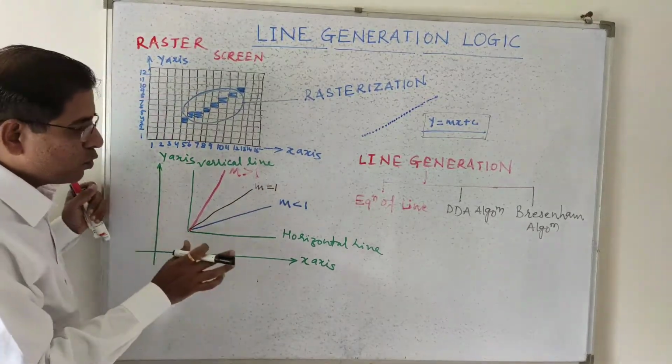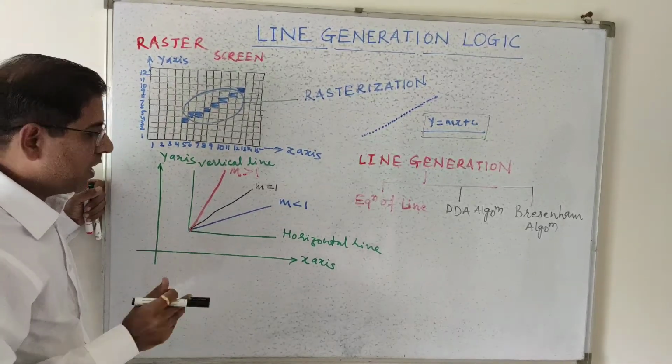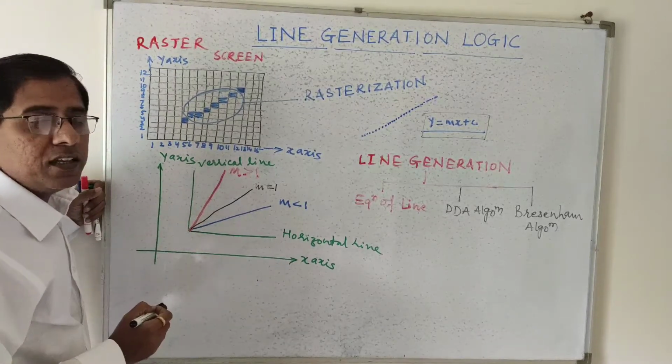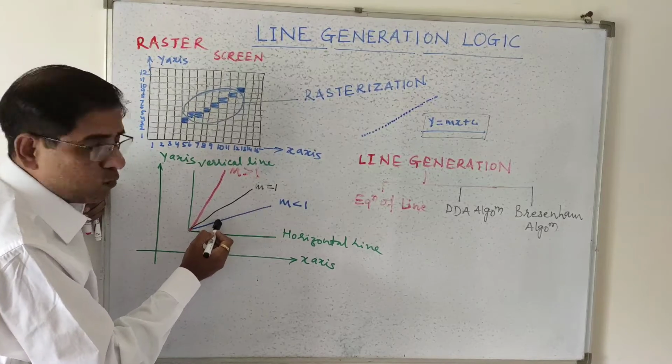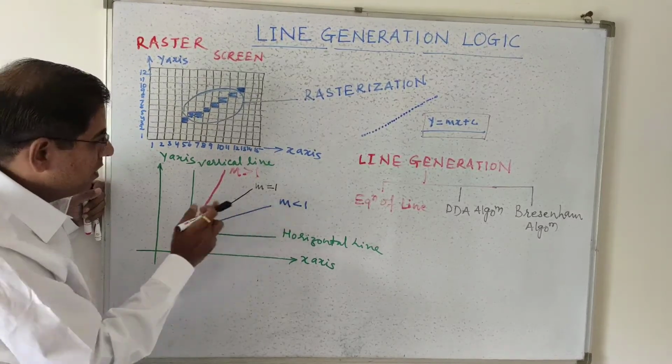Okay. So I have drawn a total of 5 types of line. One is a horizontal line. Another one is a vertical line. One line whose inclination is less than 45 degrees, that is slope less than 1.